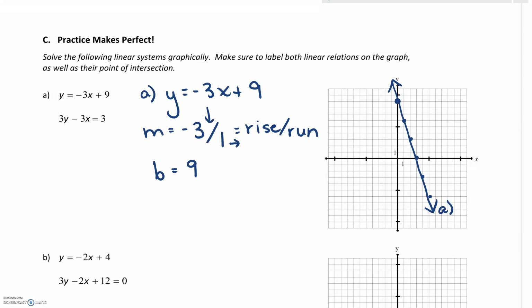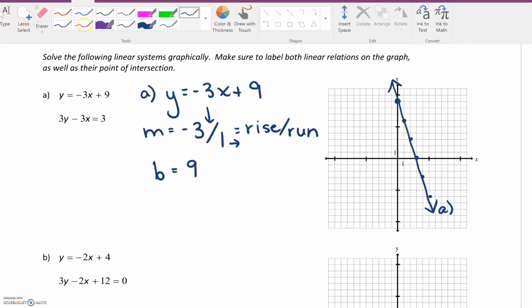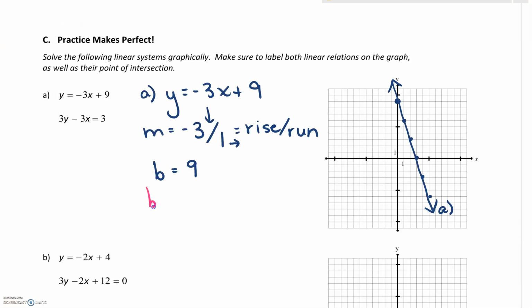Okay. Now to label graph B or equation B, you have to make sure that it's in y equals mx plus b, which it's not. So we need to isolate this 3y. That means getting rid of the -3x by adding 3x on both sides.